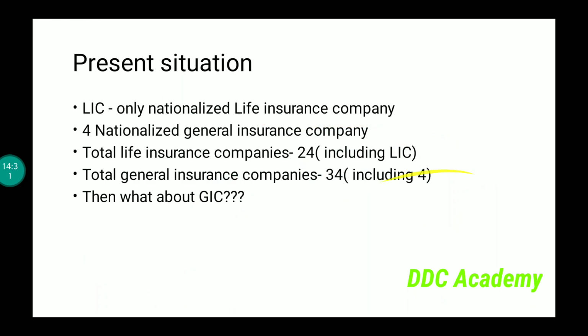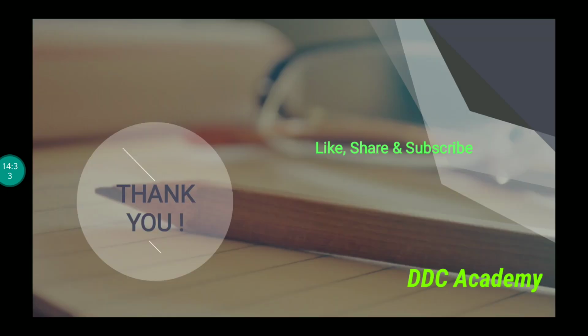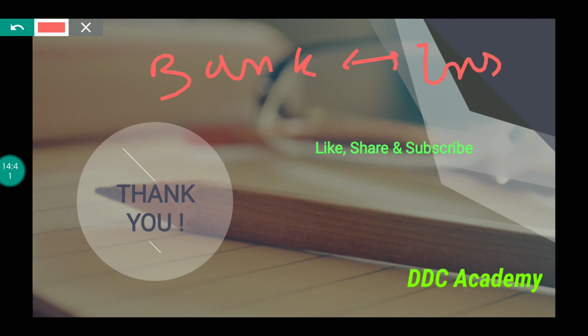So the banking sector was given permission to conduct insurance business in 2002. So this is all about the insurance sector, how it started, what the present situation in India is today, and what happened in between.